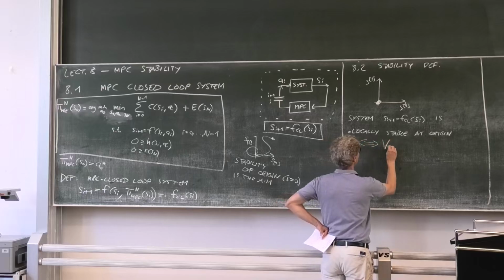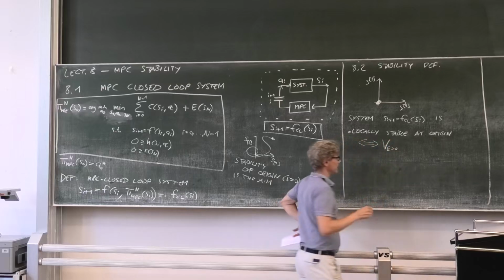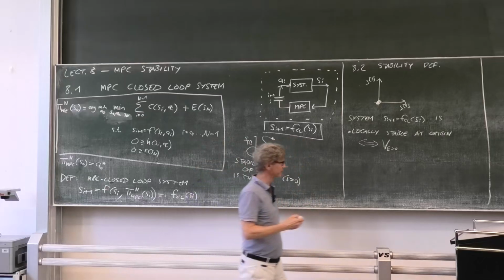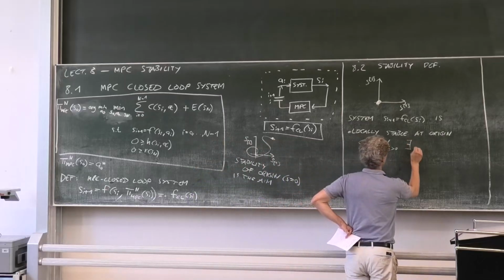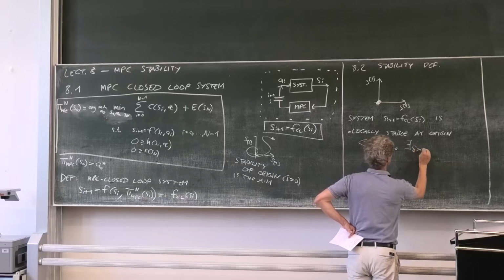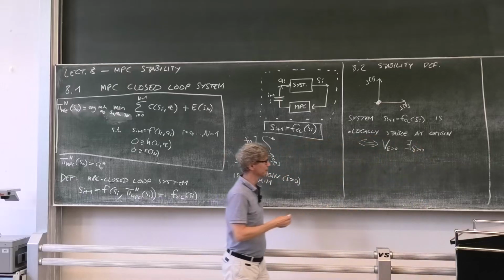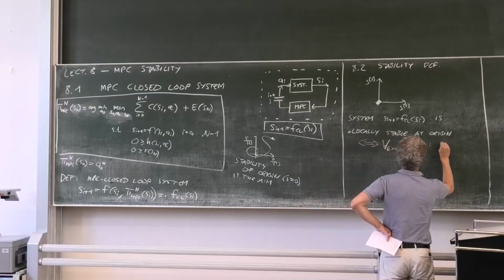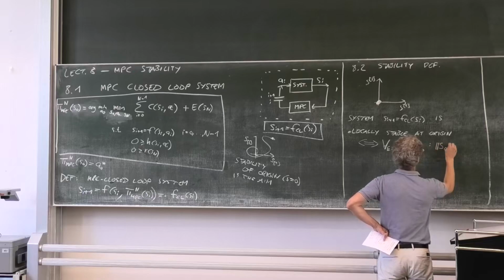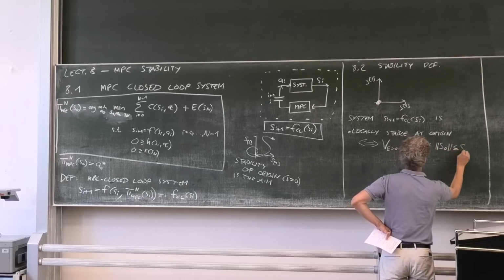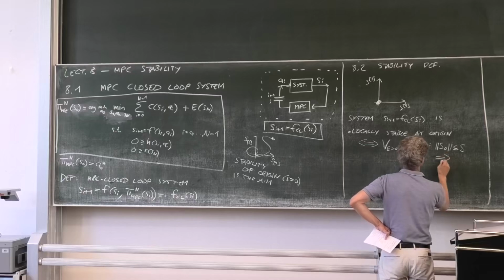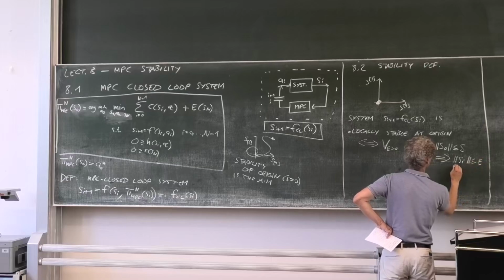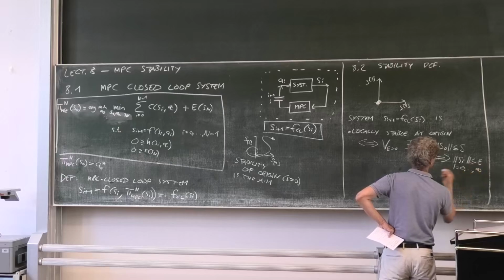So you say for every epsilon, so every neighborhood in which you want to stay, you can find a delta, also bigger than 0, so that your trajectories, if you start with a state that's smaller than delta, then this implies that all states are smaller than epsilon for i from 0 up to infinity, right?